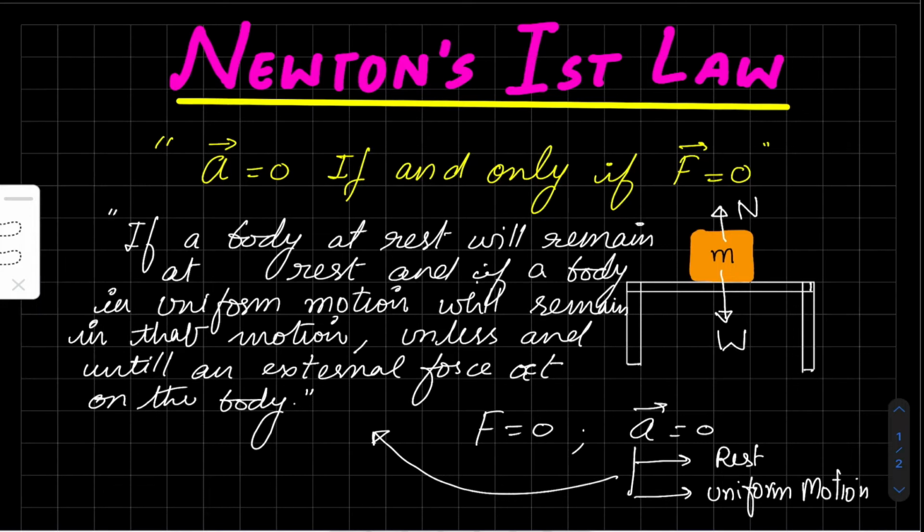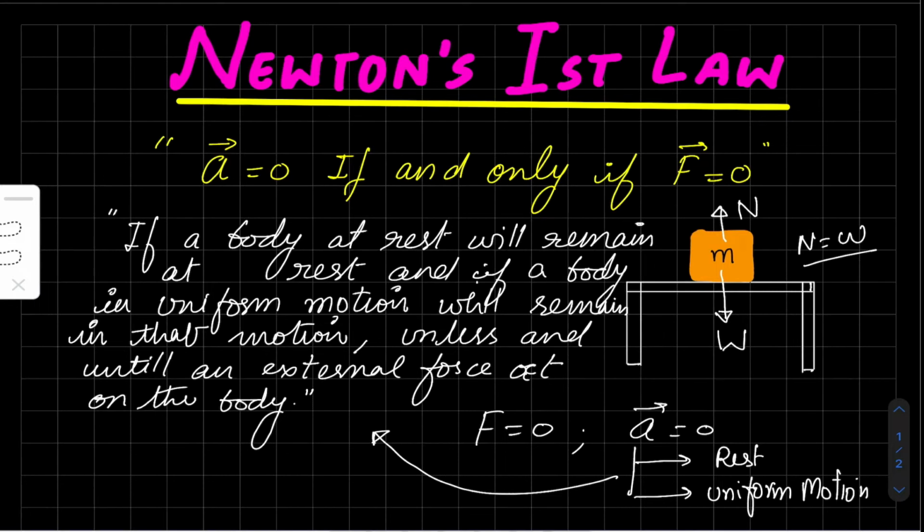That is actually the force on the block due to the gravitational pull of Earth. In this situation the block is at rest. It means that these two forces should be equal to each other, right? So N must be equal to W, that is the normal reaction must be equal to the weight of the block, and the block is at rest. It means Newton's first law is valid here, right?